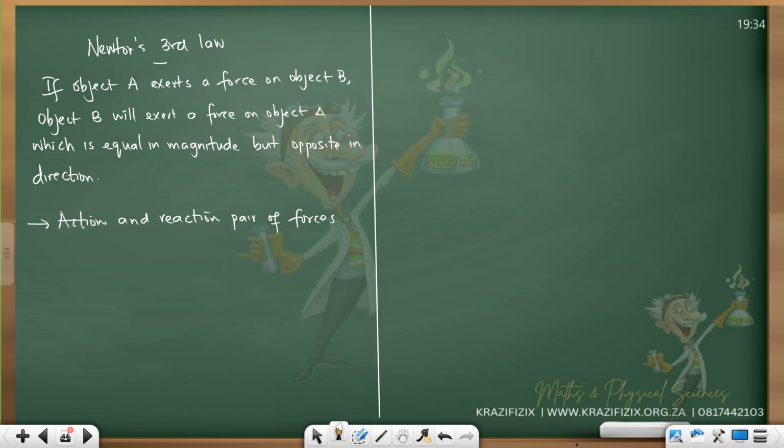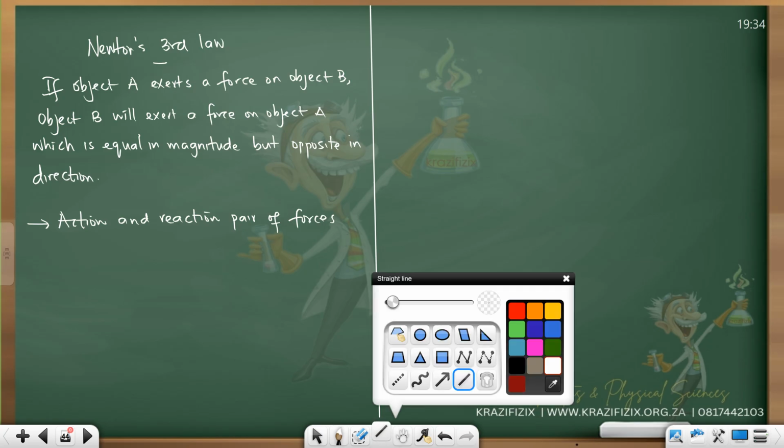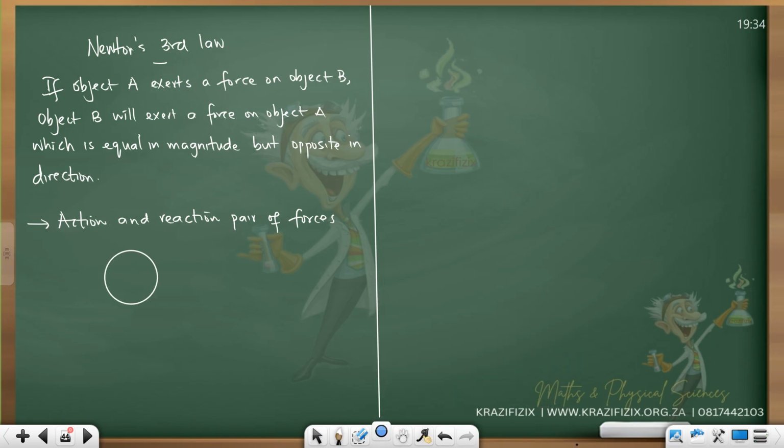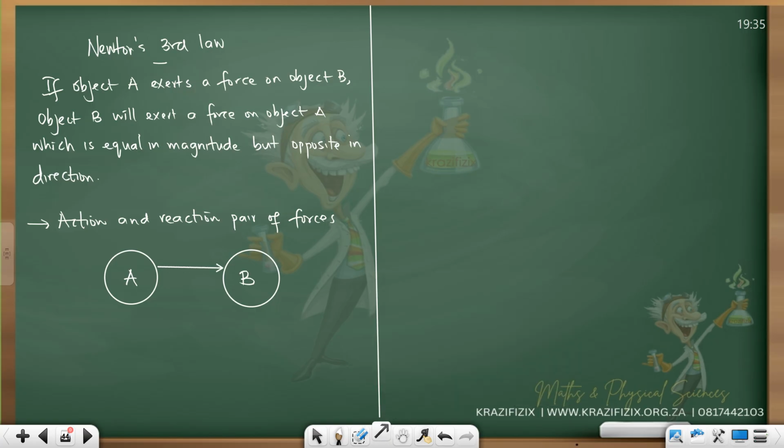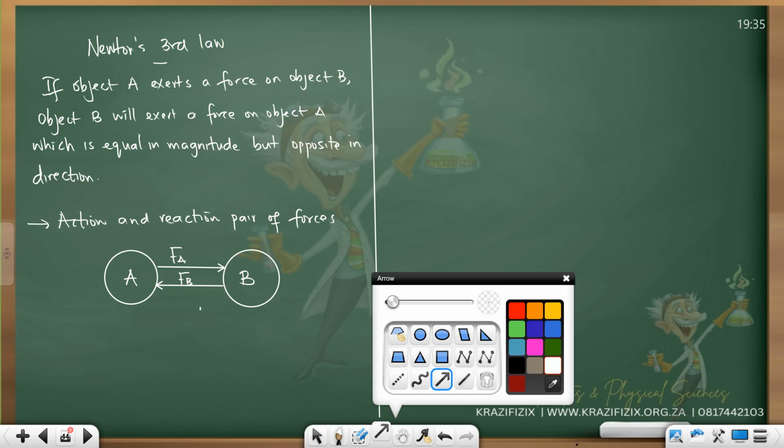So if object A exerts a force on object B, then object B will also exert a force on object A. In the case of Newton's second law, that's what we're doing with tension. So F of A on B and F of B on A are equal but opposite in direction.